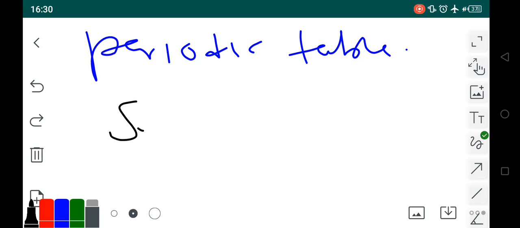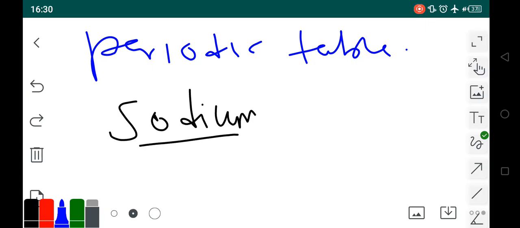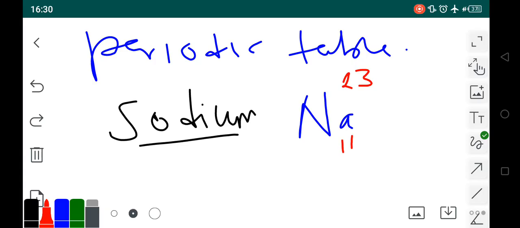I can pick sodium. On the periodic table, sodium has the number 23 on top and 11 at the bottom. When it comes to the mole concept, we deal with the number on top of the element on the periodic table. So I have to be very careful about that.